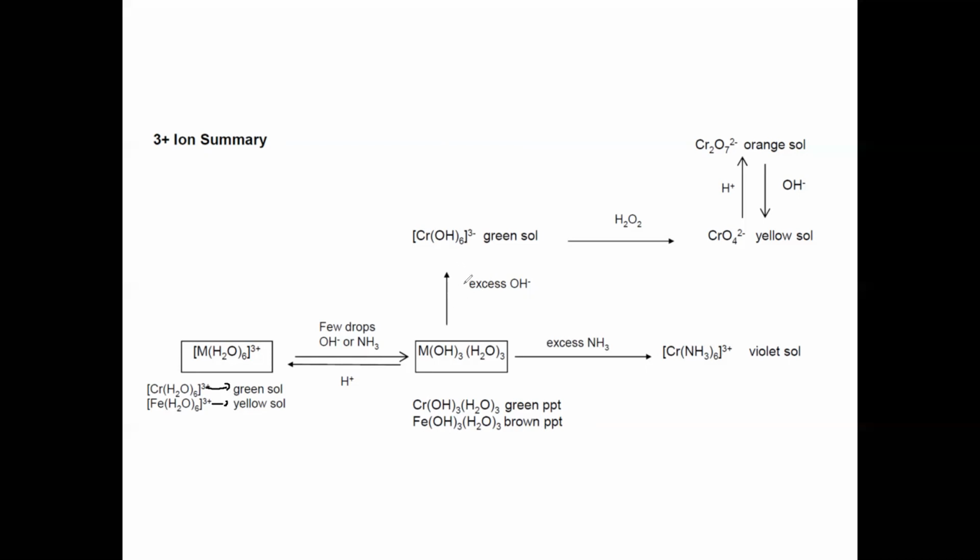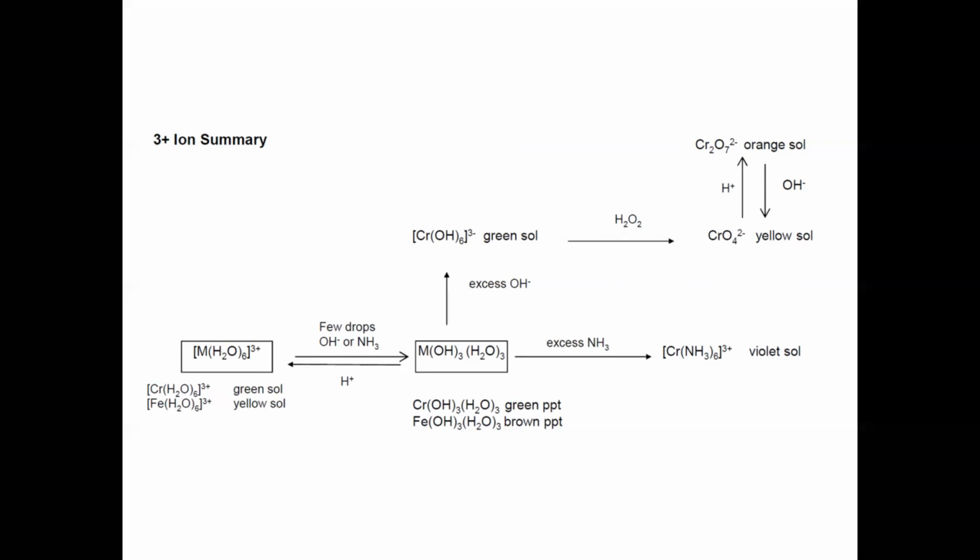If we add excess sodium hydroxide, there is again an acid-base reaction, which shows that chromium hydroxide is amphoteric in nature. If we add an oxidizing agent, it will form chromate. If we add an acid, it will form dichromate. If we add an alkali, it will form chromate. Chromates are yellow in color, dichromates are orange.